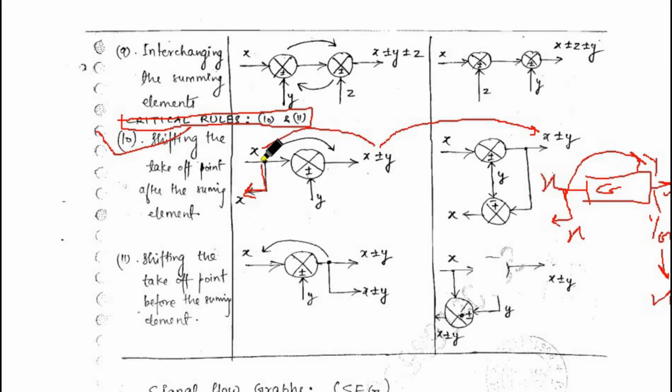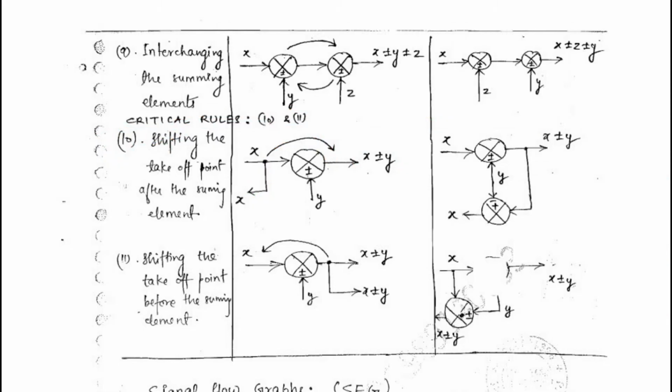What you are doing is transferring your takeoff point in front of your summing point, right over here. The condition is that you have to maintain the same output. Output should be x plus y, so definitely y should come over here, and it will remain as it is.